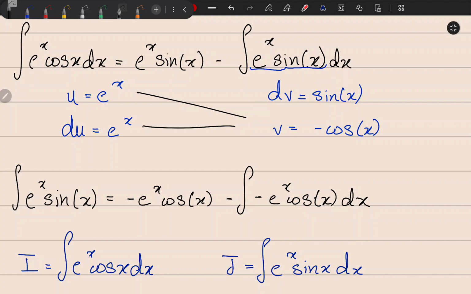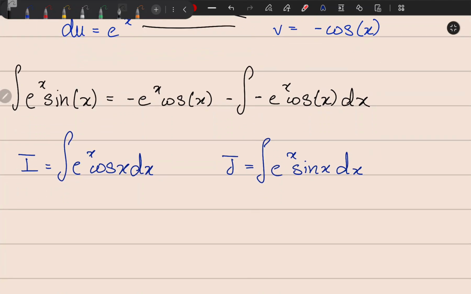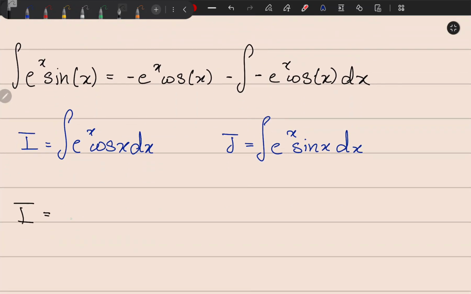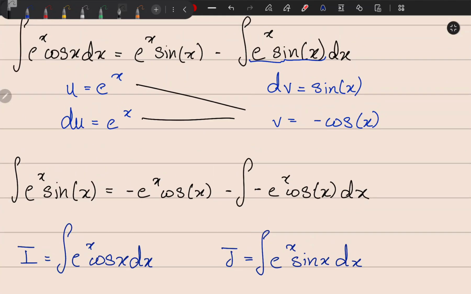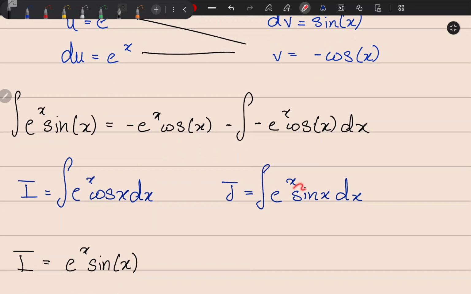The integral of e to the x cos x, which as we defined earlier is I. So I is equal to e to the x sine x, minus the integral of e to the x sine x, which is J. So we write minus J. This is our first equation.